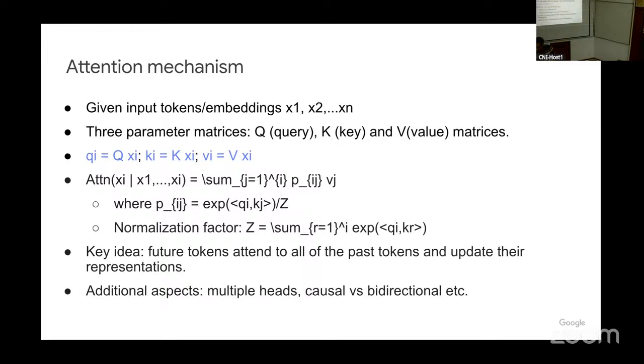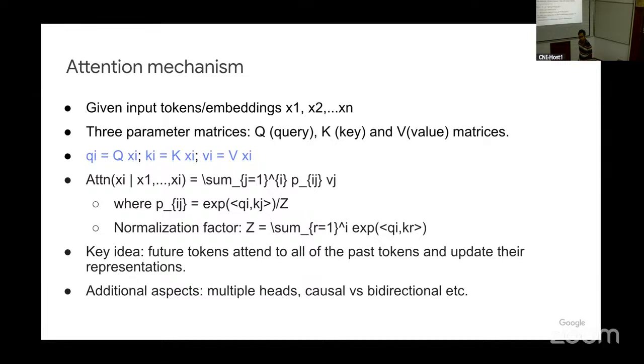Right? If I have a sequence like "this is a cat", then the word cat will attend to itself the highest rather than attending to other words. Is it like that? Yeah, empirically it turns out to be. So does it help? Because if the word is attending to itself the maximum number of times, are we going to have a good amount of attention of that word with other words in the sequence? So is your question whether it makes sense to have j not equal to i here? Yeah, so basically, if I have, let's say, 5 words in a given sequence, then the attention of that word with itself will always be maximum, right?